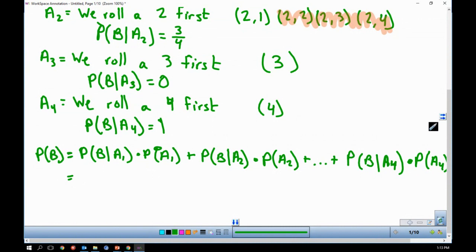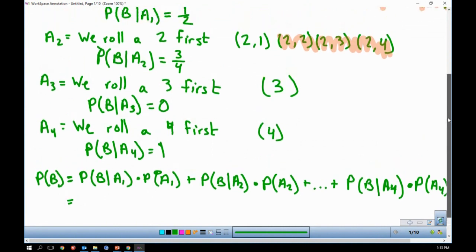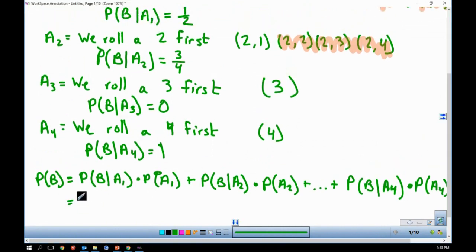So we plug this in. B given A1, we said was 1/2. So it'd be 1/2 times 1/4. B given A2 is 3/4. So 3/4 times 1/4. B given A3 is 0 times 1/4.